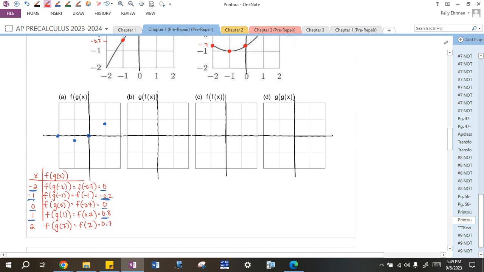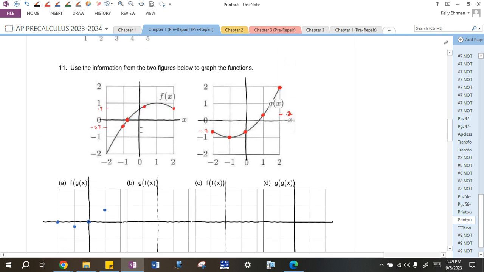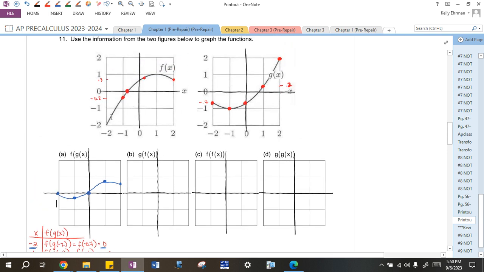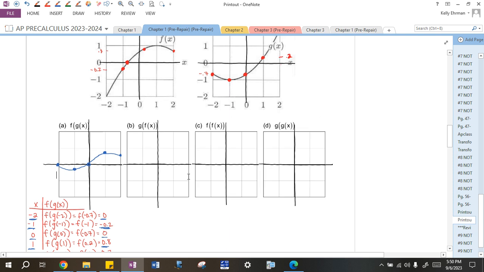Maybe I'll call it 0.7 because I don't want it to be the same height. Okay, so let me just double check on that. Yeah, so when we were at 2, I guess that's a little bit lower than the other point I marked as 0.8, so we'll call it 0.7. So we can plot 2 and then just a little bit lower, 0.7. I would connect this with a smooth curve because the graphs of f and g are smooth curves, so their composition should also be smooth.